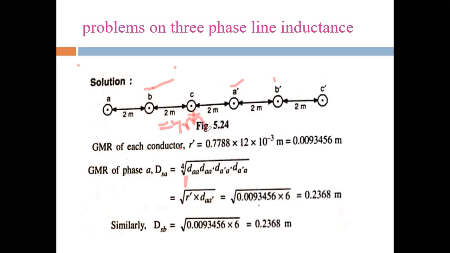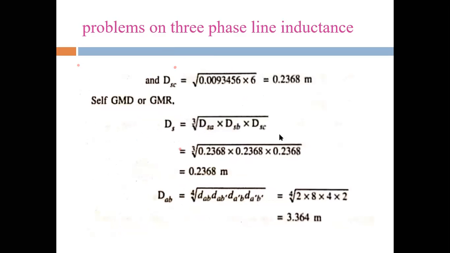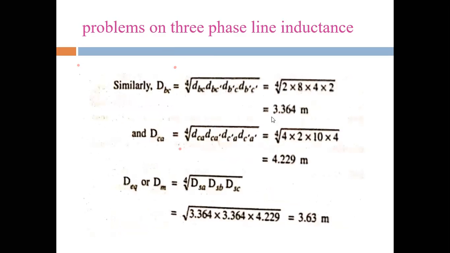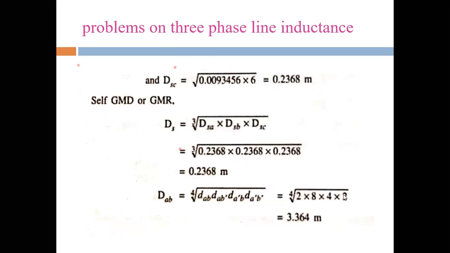The distance between A dash to B or B to A dash is equal to 4 meters. Each side is the same length, that's why they are taken as 4 meters. Substitute 8 into 4.